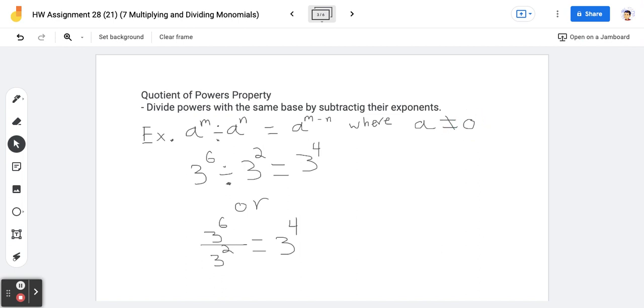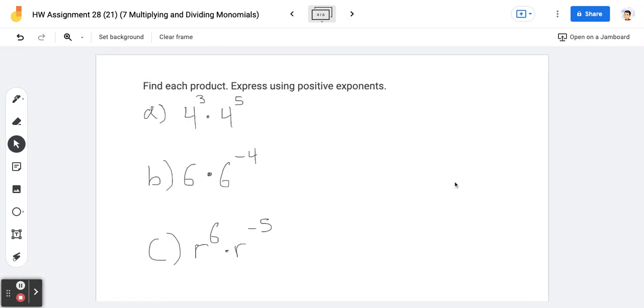An example would be 3 to the power of 6 divided by 3 to the power of 2, which is 3 to the power of 6 minus 2, which is 4. So 3 to the power of 6 divided by 3 to the power of 2 is 3 to the 4th. I guess we'll just stick with those two properties for now, and we'll use another one as we go.